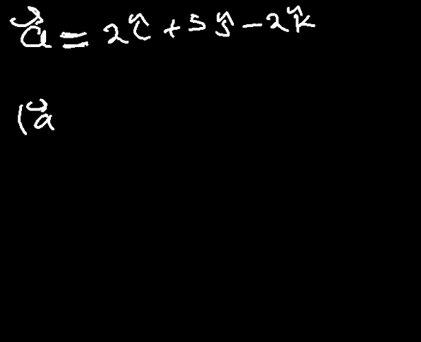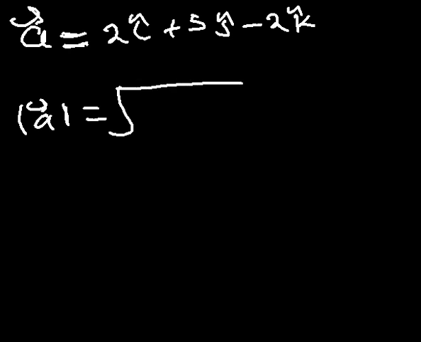Let's say we have a vector A, and in unit vector notation we have it as 2i plus 5j minus 2k. What is the magnitude of this vector?